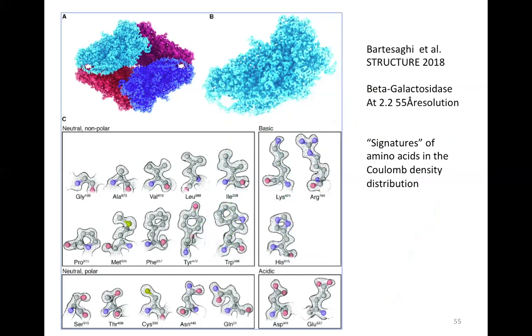Okay, now from the work by Sriram Subramaniam, who pushed the resolution very high, we see that we can do a lot in order to get past the 3 angstrom limit. And in fact, meanwhile, we are past the 2 angstrom limit.